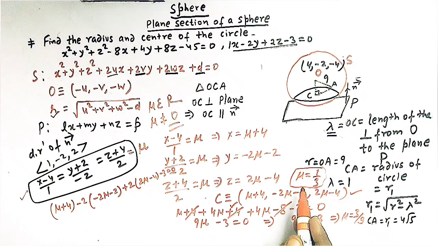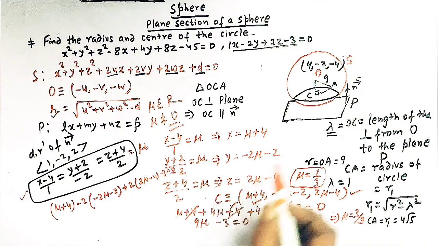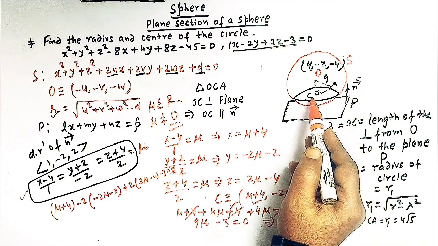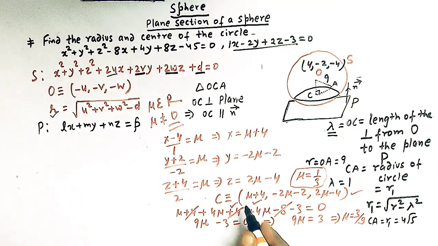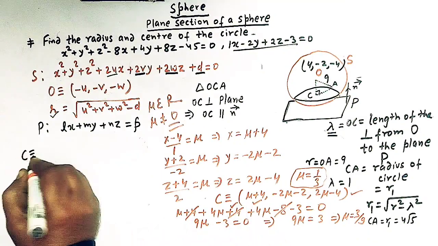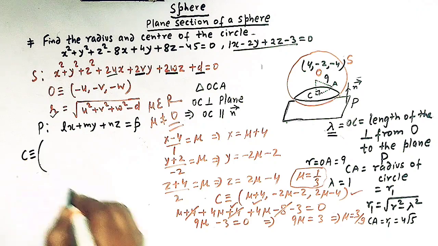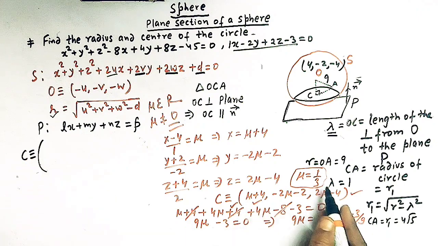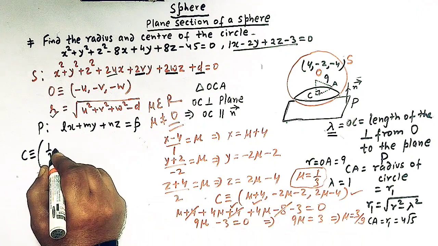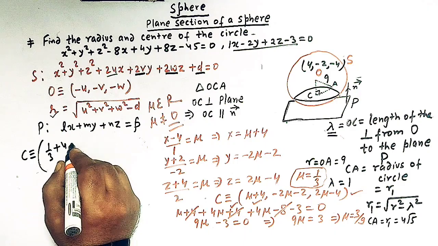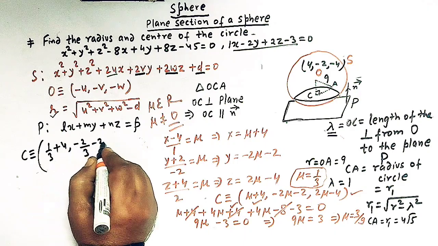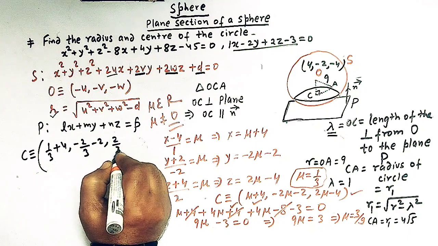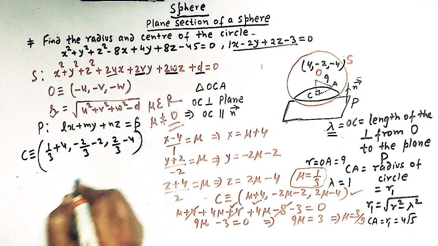So now we can substitute the value of mu in this coordinate to get the coordinates of the center of the circle. So now we can write the coordinates of the point C as mu plus 4, where mu is 1 over 3, here we have plus 4, then we have minus 2 over 3 minus 2, then we have 2 over 3 minus 4.